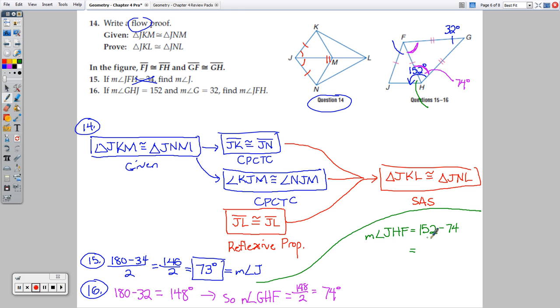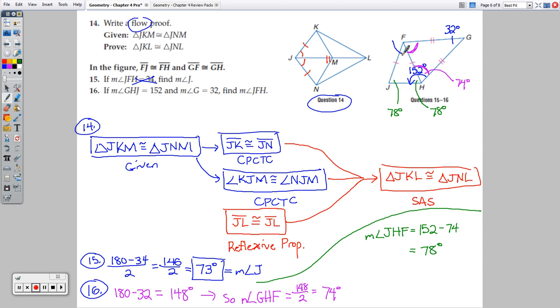And 152 minus 74, well, 154 minus 74 would be 80, so this would be 78 right there. So 78 degrees here, and since this triangle is isosceles, we could say this one and this one would have to be the same, so that's another 78 right there.